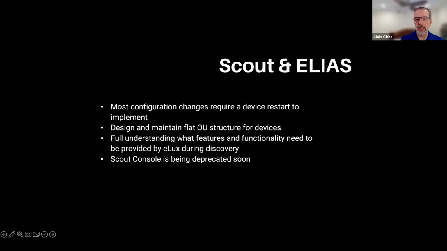Take for instance the Citrix Workspace app for Linux: you'll drag that package in, but then there's a bunch of sub features, and some of those are like Microsoft Teams optimization, very important, and camera blur. Get a firm understanding of what you need to deliver and what functionality needs to be provided at the ELX, and make sure that you fully vet all that out and understand what it is.